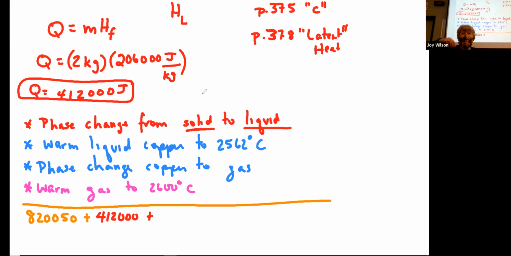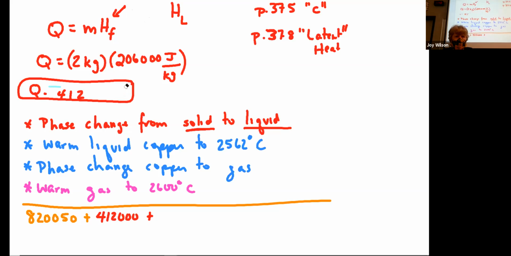Heat latent, heat fusion, heat phase change. So you get lots of different ones. Our book uses this one. You okay with how that formula works? That's a pretty simple formula. Okay?